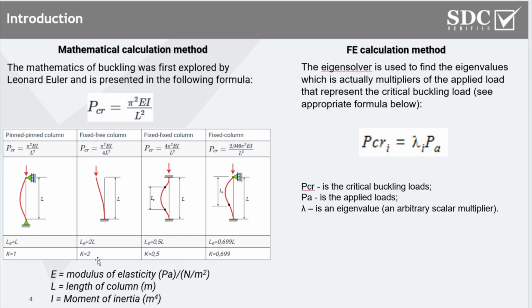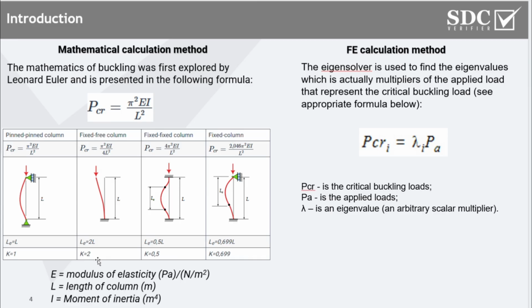That's about the mathematical equation, and in FEA calculations the logic is pretty much the same, but we calculate an arbitrary scalar magnitude factor by which we can multiply our load and reach the failure in the structure.